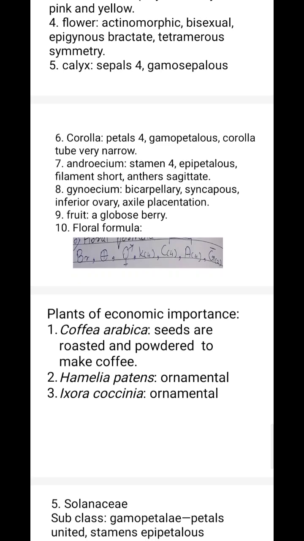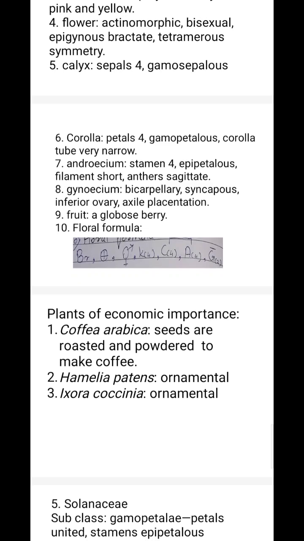Then filaments are short and anthers are sagittate. That means the anther lobe is slightly tipped at the apex. Then gynoecium is bicarpellary, syncarpous, inferior ovary and axile placentation.